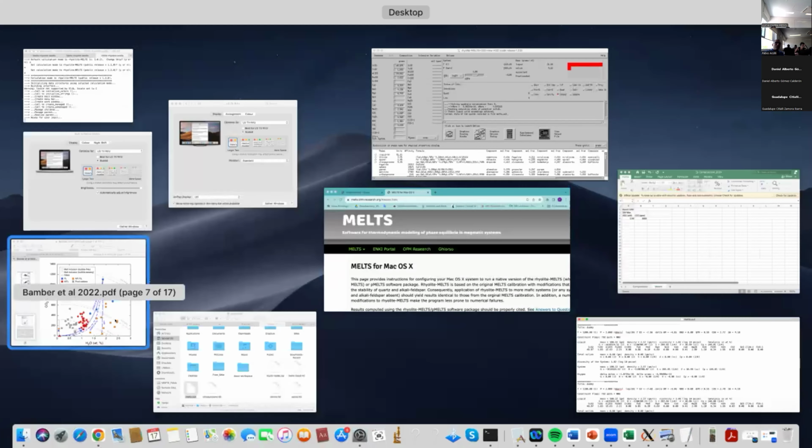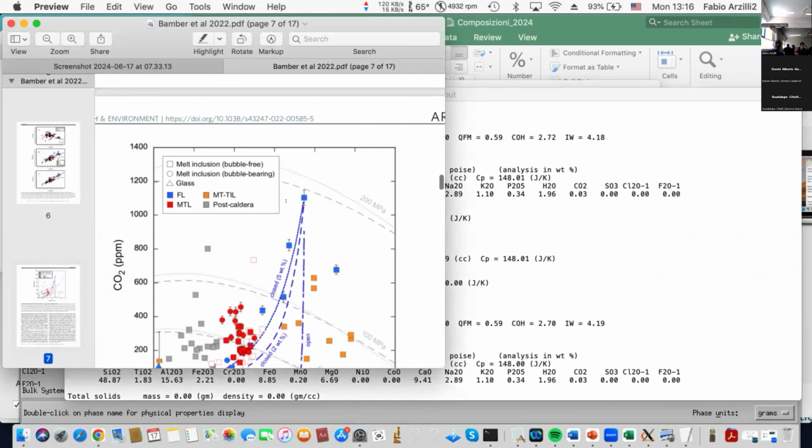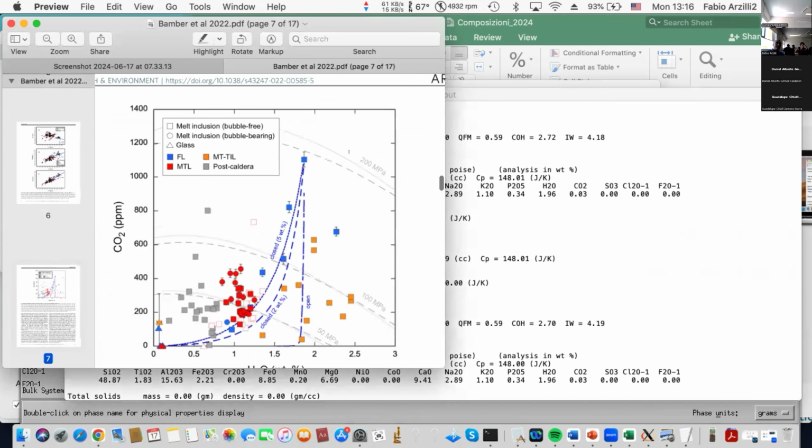So basically what we are doing is this. We have this diagram, we are simulating 200 megapascal, okay? And we fixed, like in this case, 1000 ppm, no? We are changing the water, but with 1000 ppm, we are still always below the saturation.